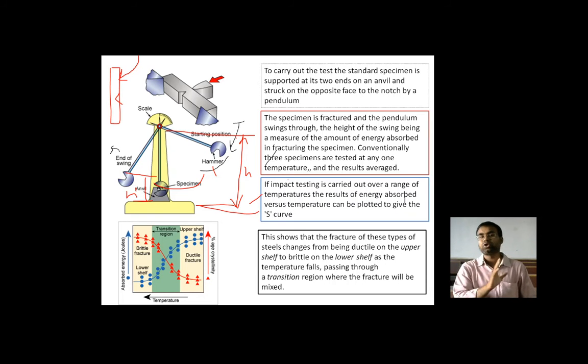In Izod the specimen is put in the cantilever position, but in the Charpy test the specimen is supported simply on both sides, and that is how the test result is very efficient in this particular Charpy test.